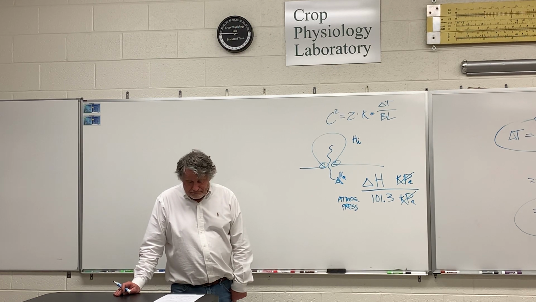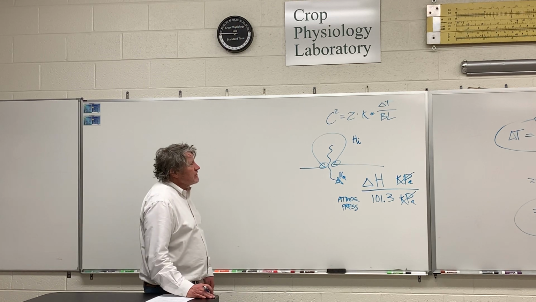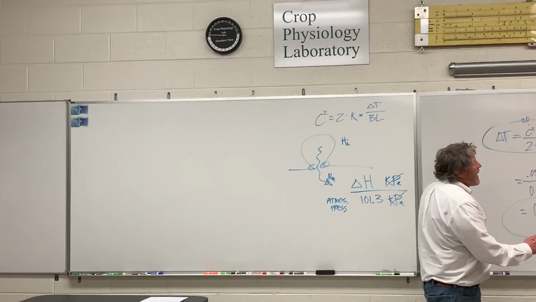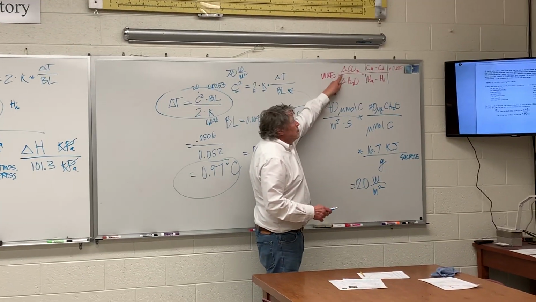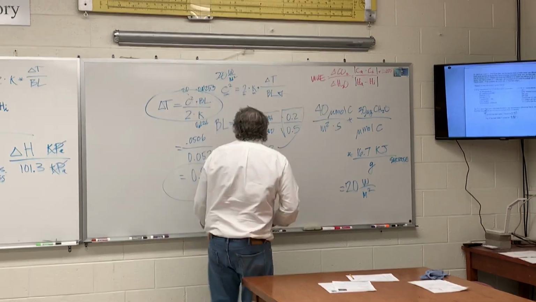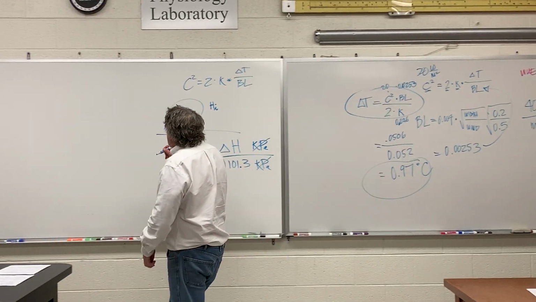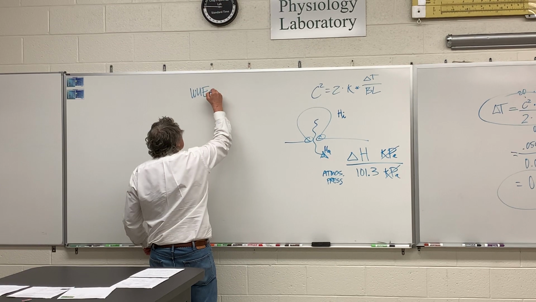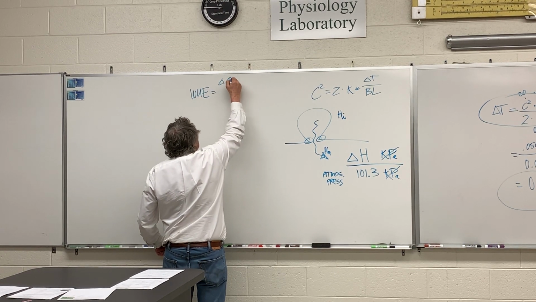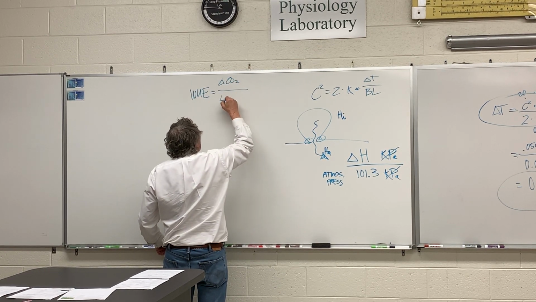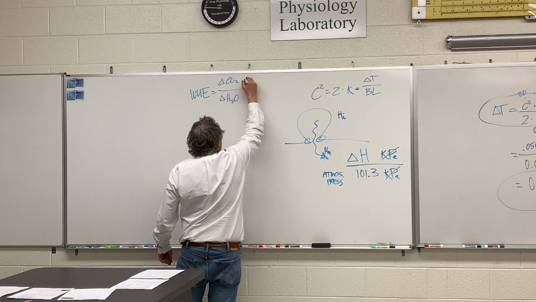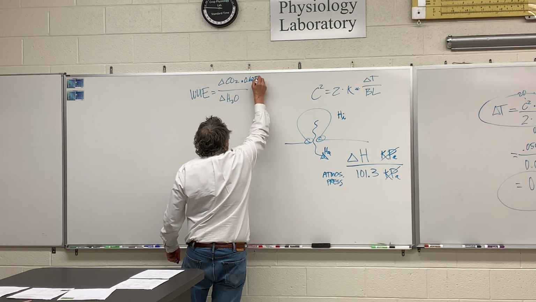Let me write this again over here. Delta CO2 is already, let me put it up here again. WUE is delta CO2 over delta H2O times 0.625.